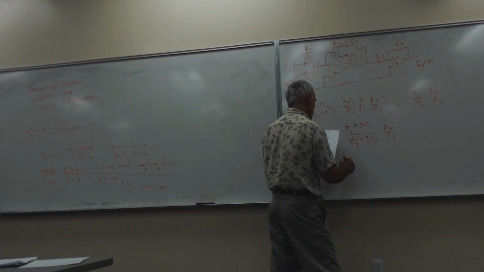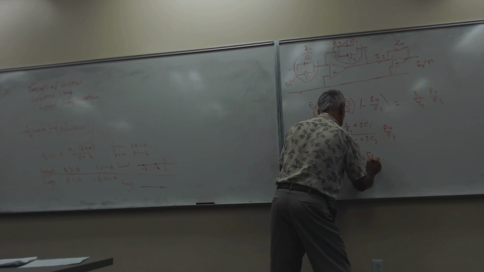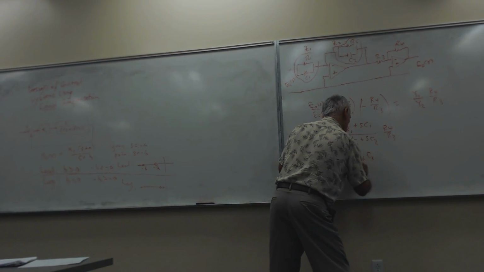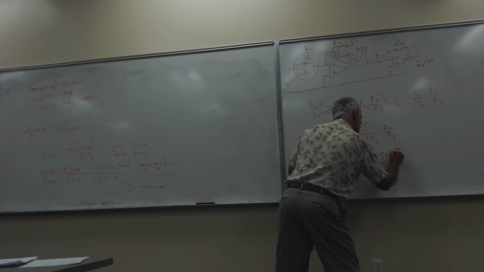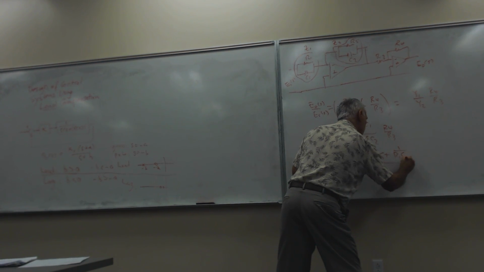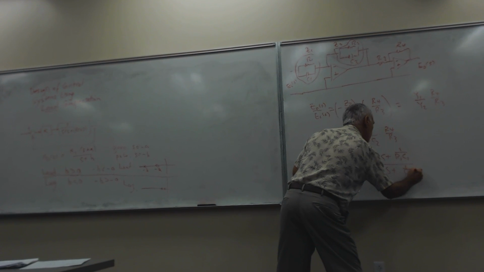So what you'll end up with is R4 C1 divided by R3 C2, and then we'll have S plus 1 over R1C1 divided by S plus 1 over R2C2.